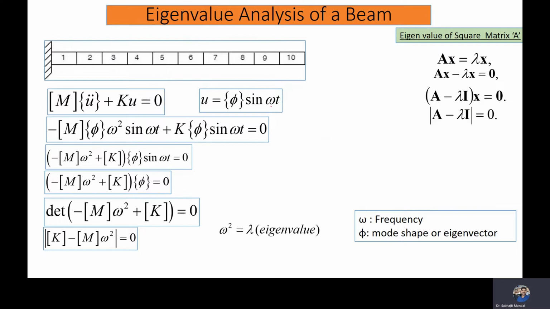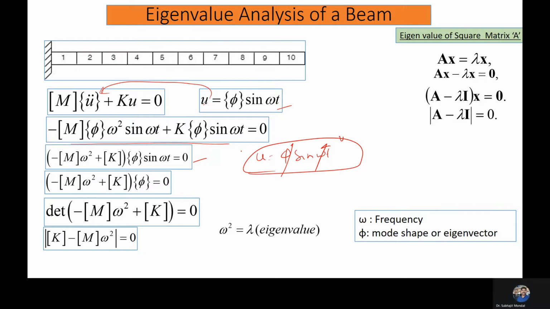Here we put u equal to phi sine omega t, take the double derivative of u, and put it in, and we get this equation. Now we take phi sine omega t common. Since we assume u, that is phi sine omega t, is a non-zero quantity, neither omega nor phi is 0, the rest of the part should be 0.